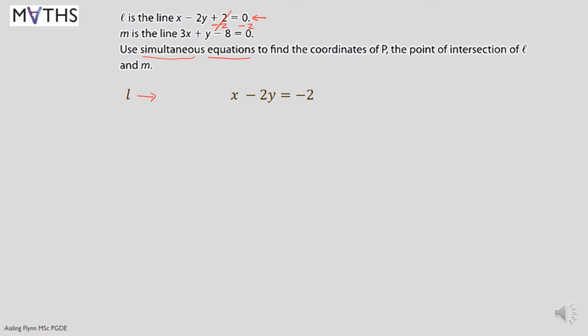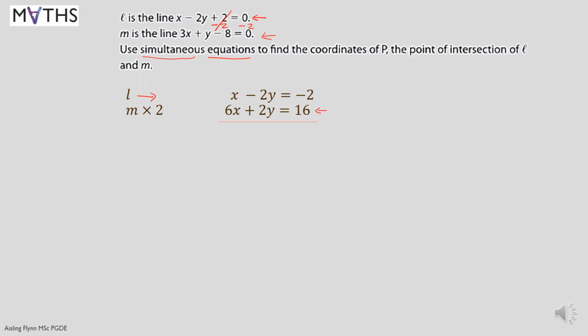And then we're going to take line M from up here, and we're going to multiply that by 2. So 3x becomes 6x, plus y becomes 2y, and at the same time you'd have minus 16. If you take minus 16 from both sides, you get plus 16 over here. So we've moved the number to the right hand side here as well. So a bit of groundwork to do there.